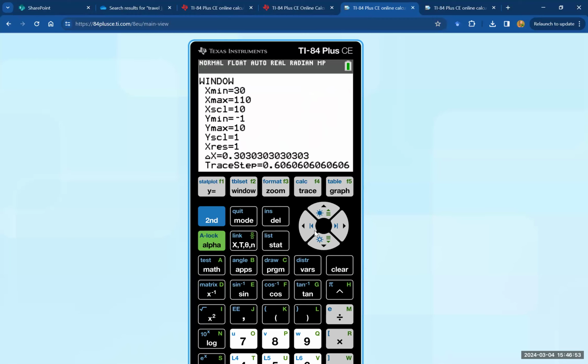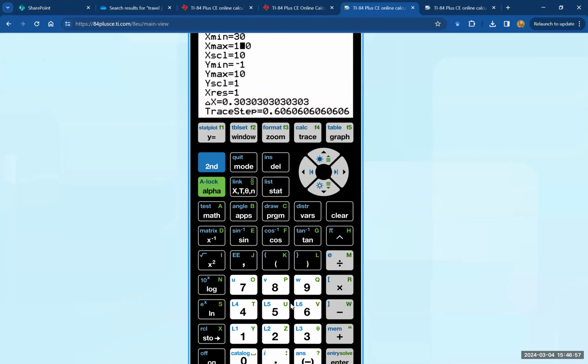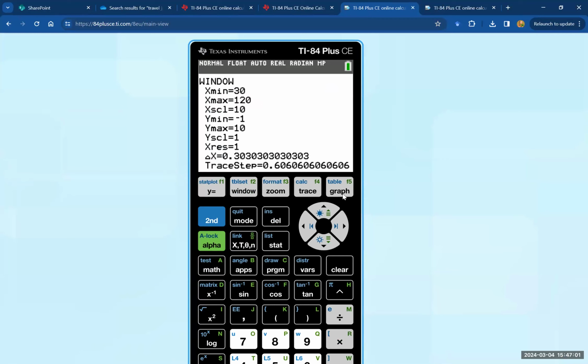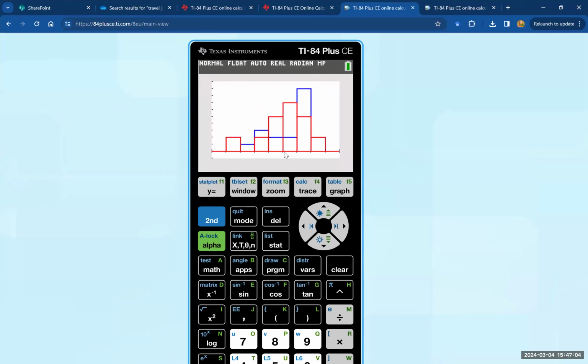It might help you to see them by themselves. I feel like I might want to go just a tad bit further on here just to make them look more clear, because I wanted that space on the left.